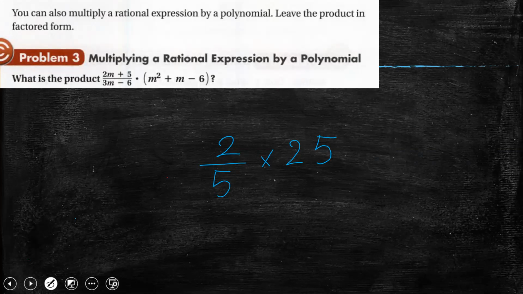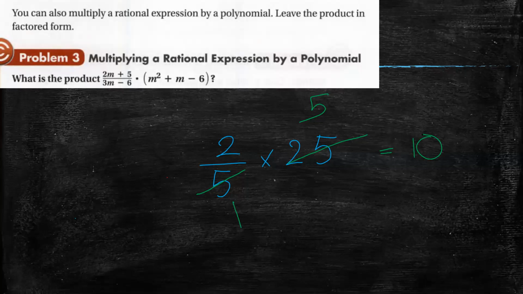Or in another way, simplify 25 with 5. That means you can simplify by dividing by 5: 5 over 5 is 1, and 25 divided by 5 is 5. Then 2 times 5 is 10. So when you multiply a whole number by a fraction, you can simplify the whole number with the denominator. This is in the numerical fraction, and we will do the same steps in rational expressions.